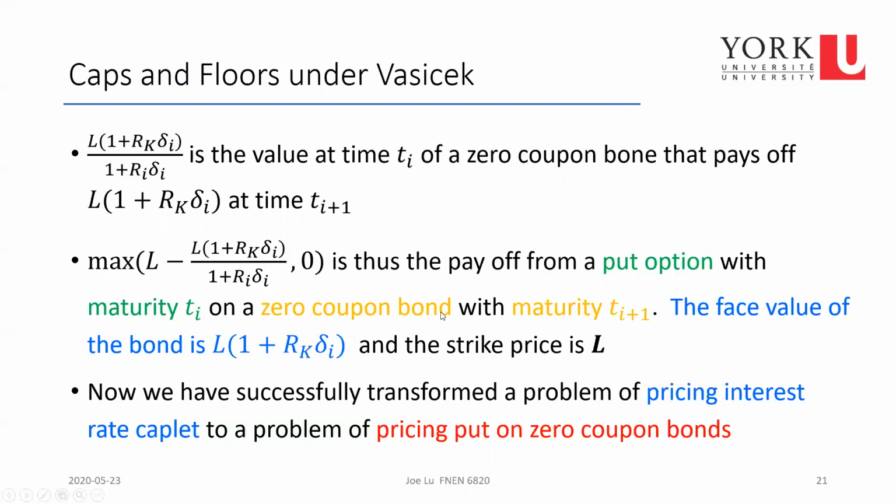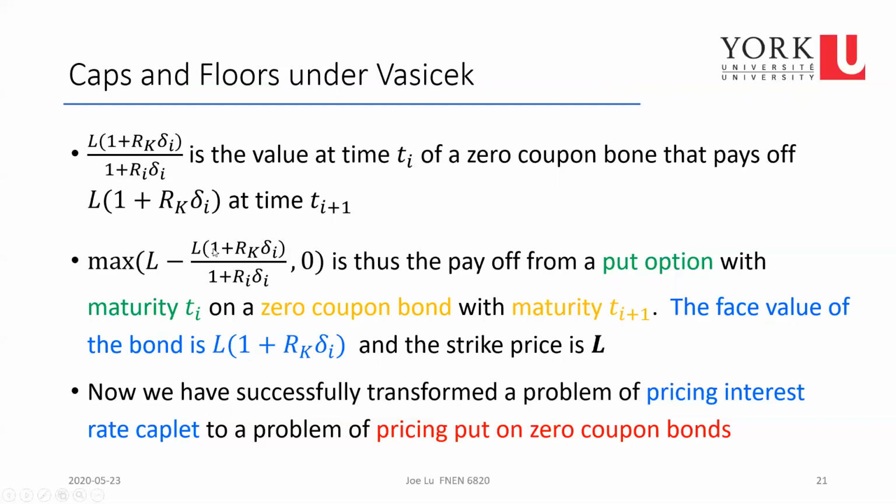Okay, so the zero coupon bond has longer maturity than the option, which is okay. And the face value of the bond is this thing here. So this thing is the discounted value, and this is the maturity value of the zero coupon bond.